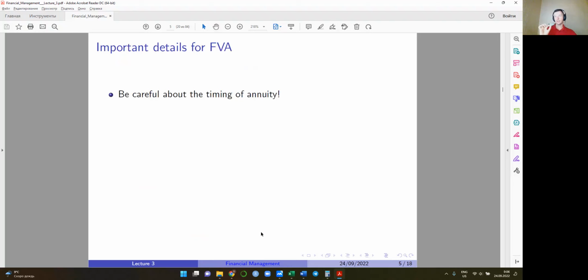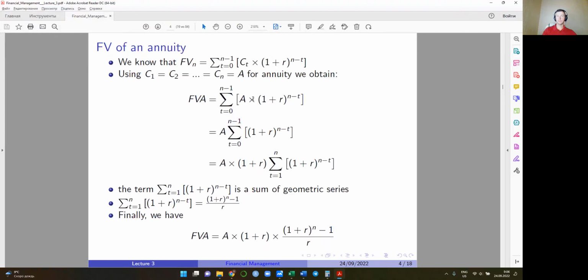Some important details about annuities and about future value of annuity in particular. Be careful, really careful about timing. What does this mean? Here, on the previous slide, timing is represented with these indices: t equals 0 to n minus 1.